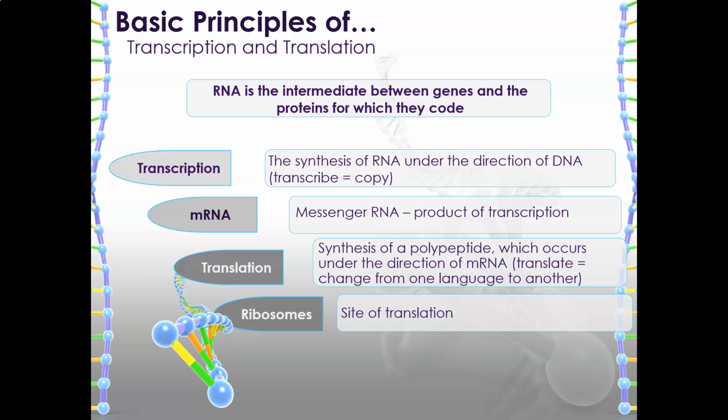So we are going to start getting into the actual processes of transcription and translation. But before we do, let's do a little bit more review of the big picture. When we talk about transcription, transcribing or copying, we're creating that mRNA molecule based on the DNA code.